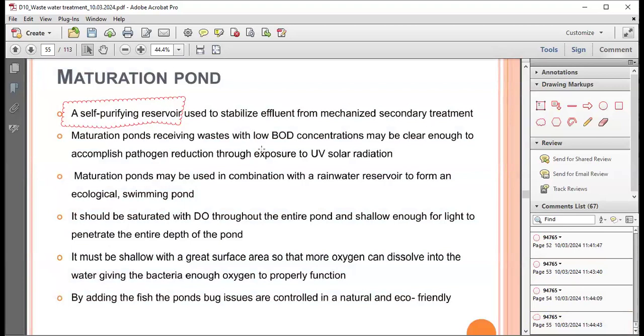Maturation ponds receiving waste with low BOD concentration. So you can say the BOD concentration means it has less microorganism content available in that water.